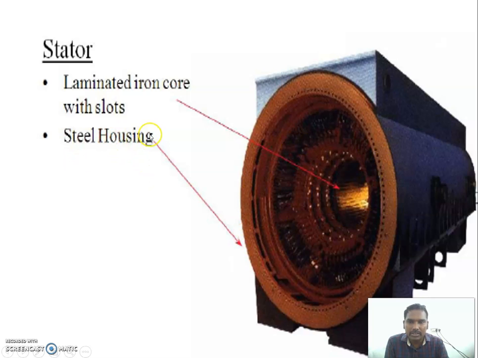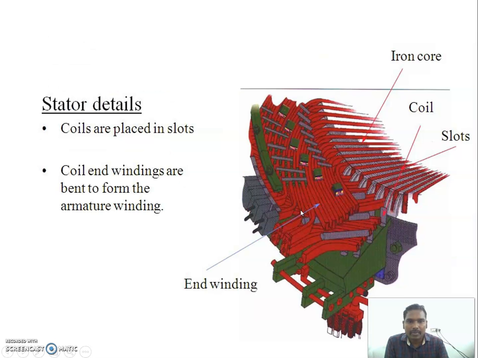We have a long length of coil continuously fixed in the corresponding slots. Finally, in the star we have 3 outputs, and the 3 outputs come from this end point. So this is called end winding.